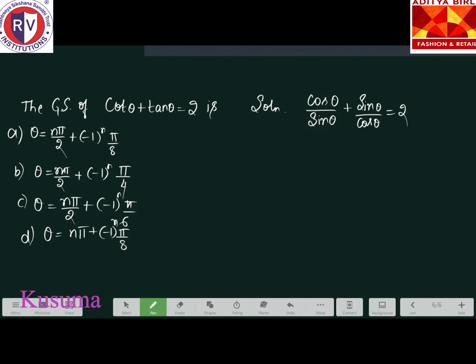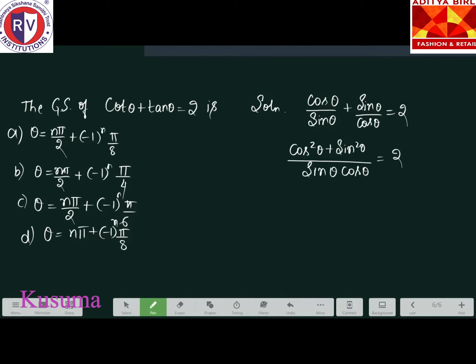Now, let me take the LCM and simplify. So this will be cos square theta plus sin square theta divided by sin theta into cos theta, which is equal to 2.